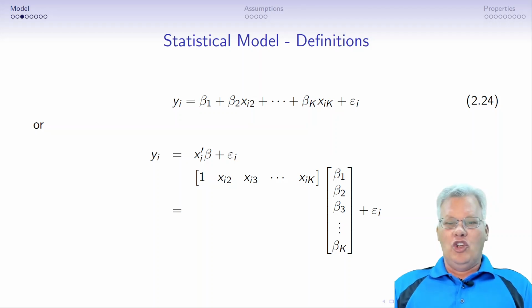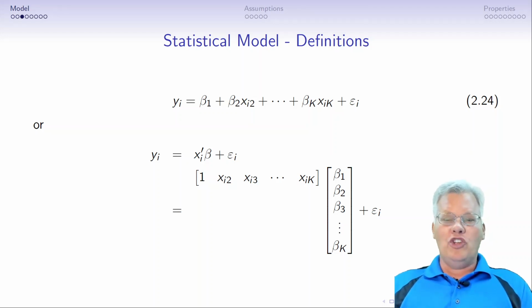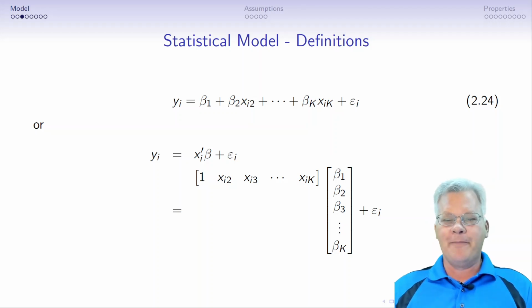Now, to expand upon this a little bit, I'm repeating for you 2.24, the scalar notation. That should be very familiar and comforting. And the next expression below it is Verbeek's hybrid notation, given by equation 2.25.